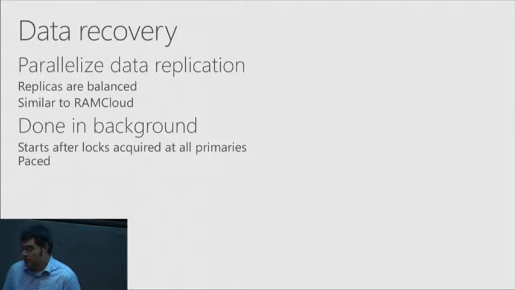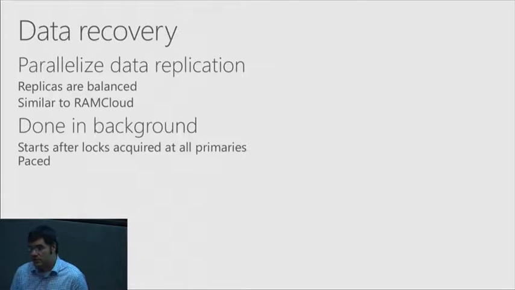To speed it up, we balance replicas around the cluster as much as we can, which is similar to a system like RAMCloud, and this is a technique that's well known to speed up recovery. A big difference to RAMCloud is actually that we do not have to wait for the data to be read off the disks. Data is already there in main memory, so it becomes available much sooner.